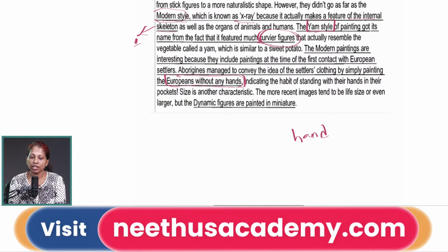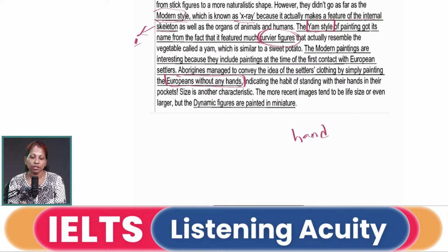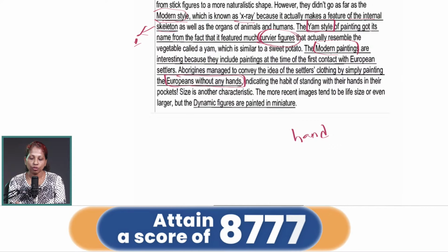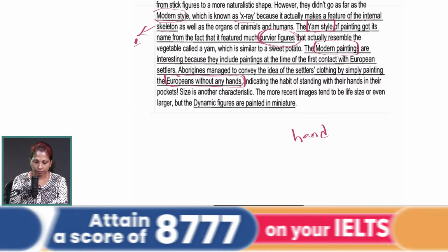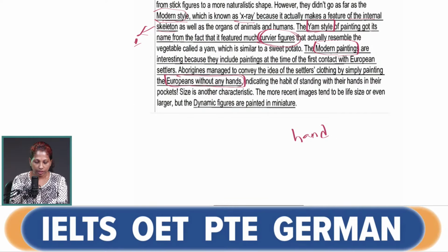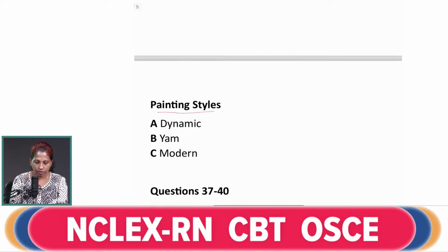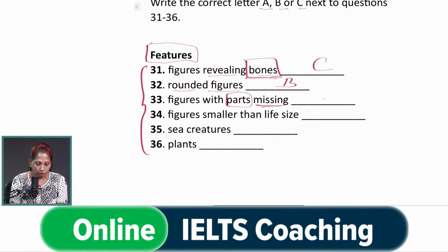So their painting will be without the arms. That means arms are missing. It is a missing part from the body. That is a feature of which one? It is a feature for modern paintings, right? So this is the feature for modern paintings, without any body part, right? So modern painting is option A, right? So parts missing would be option A, right?